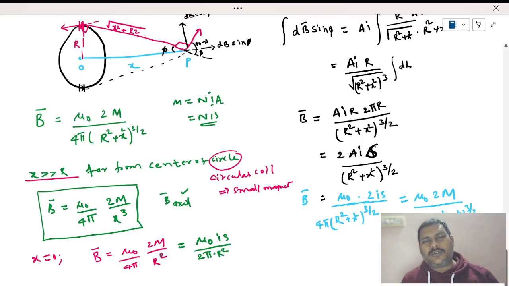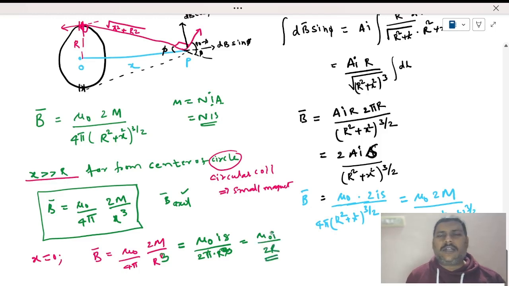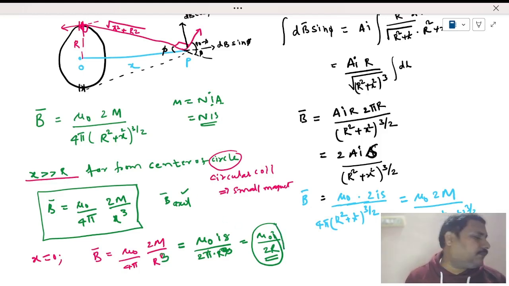Now S and pi r square get cancelled, S is equal to pi r square. Therefore mu naught I by 2r. At the center of a circular coil, the magnetic field is equal to mu naught I by 2r.